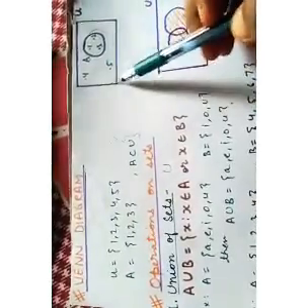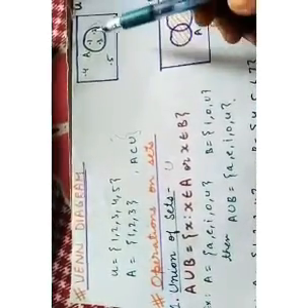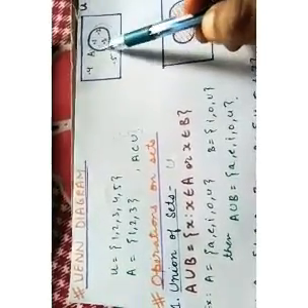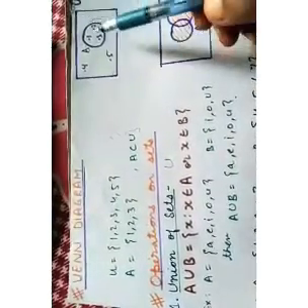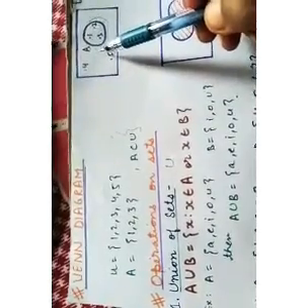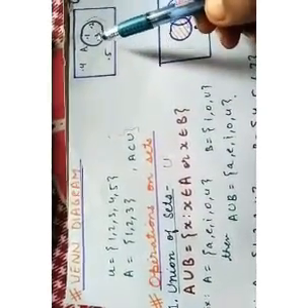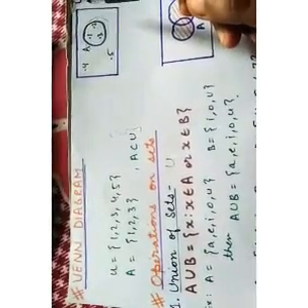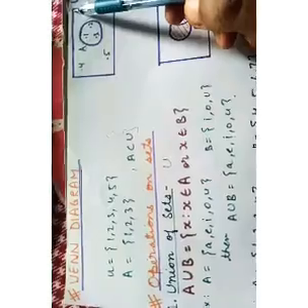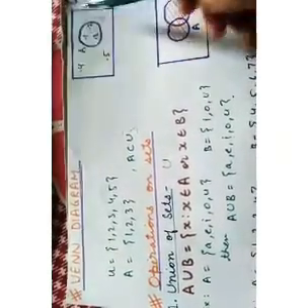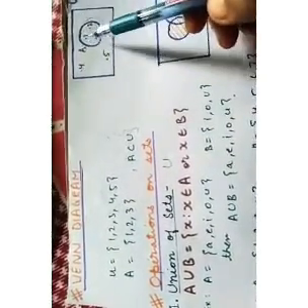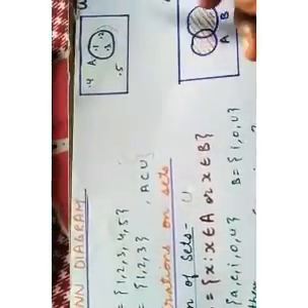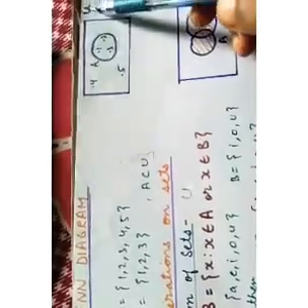Further, we will draw circles inside this rectangle, and these circles will represent the sets that we are studying. So in short, the universal set is represented by a rectangle and the subsets are represented by circles.